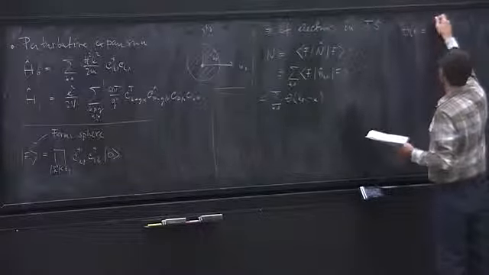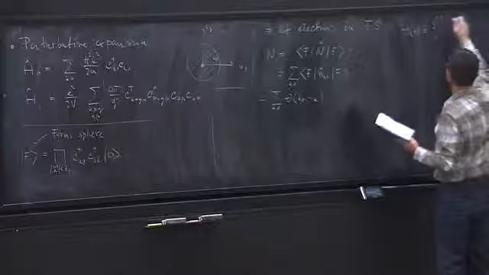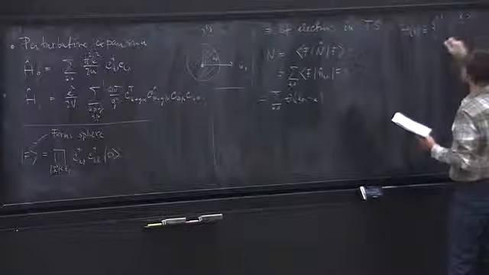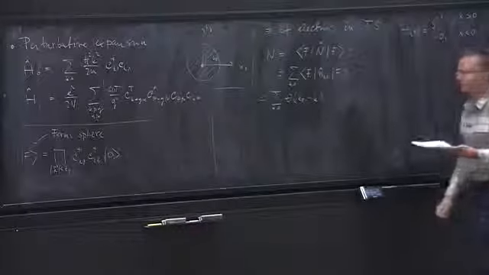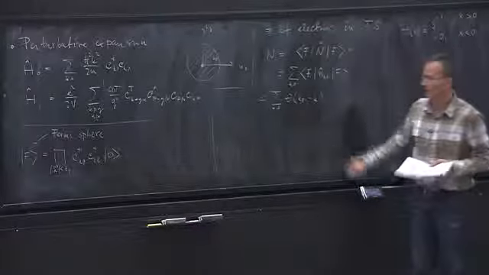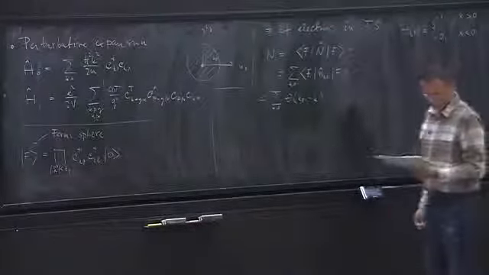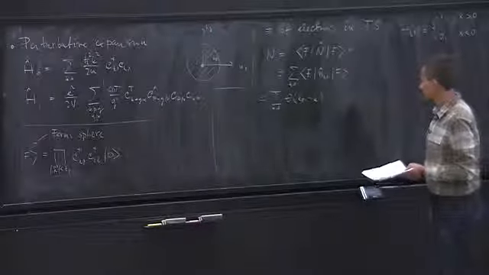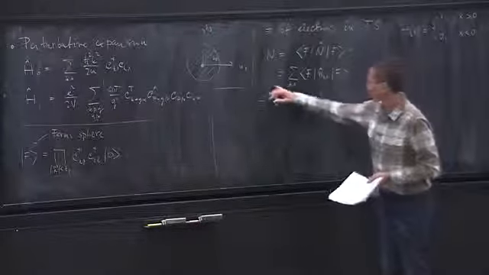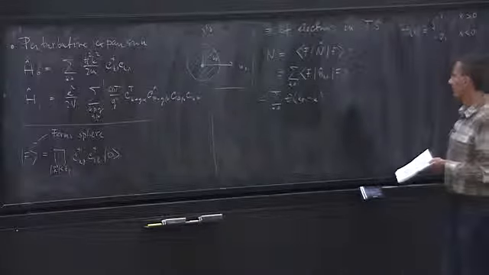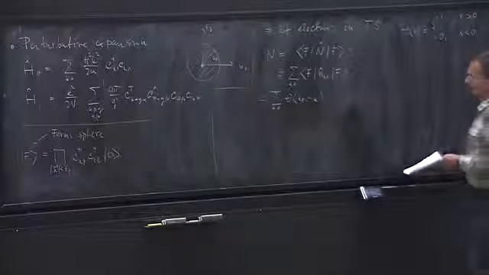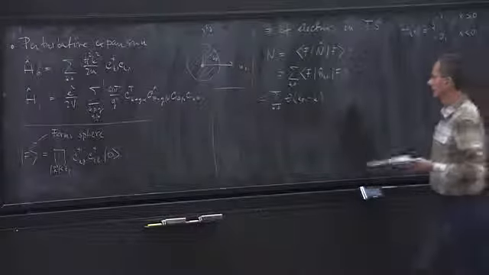Theta x is equal to 1 when x is greater than 0, and 0 when x is less than 0. Okay, so that just expresses what I just said in words. And what we now want to do, in the thermodynamic limit, is express this summation through an integral. And the rule for that is the following.